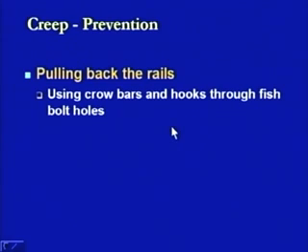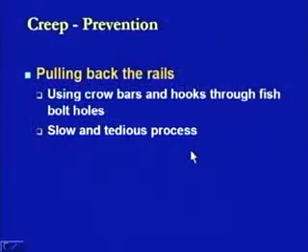Now, the rail section has a very heavy load. As we have seen, it is generally of 13 meter length, and for 1 meter length the weight of the rail section varies from 52 to 60 kgs, so the total weight of a rail section is very high. If we have to manually use hooks and crowbars to pull back the rail sections, this is going to be a very slow and tedious process.